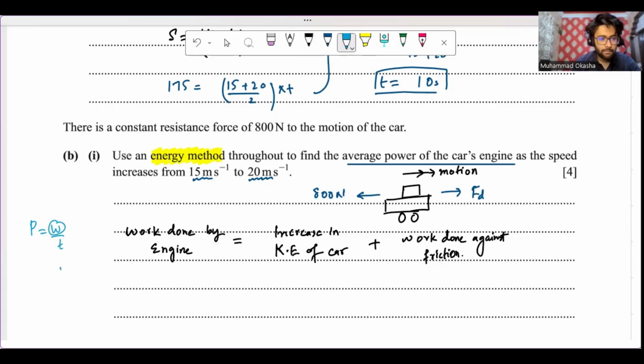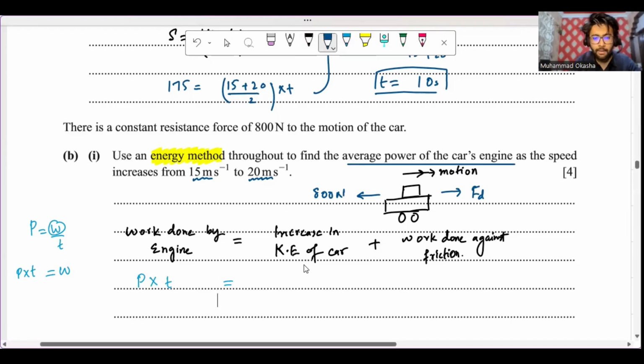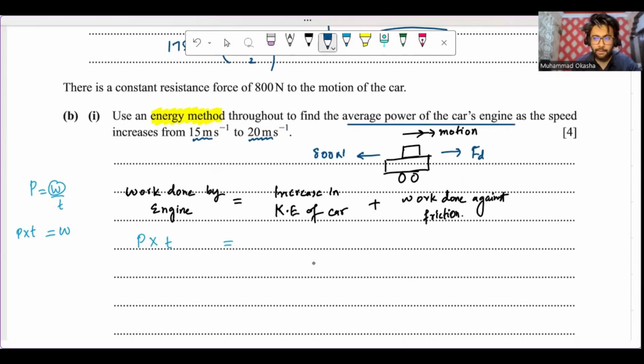If I isolate W, I can write it as power multiplied by time. Work done is equal to power multiplied by time, which I can put over here. Power multiplied by time is equal to the increase in the kinetic energy of the car. So increase in kinetic energy means kinetic energy final minus kinetic energy initial, which you can work out using the speeds, plus work done against friction, which would be force times distance.